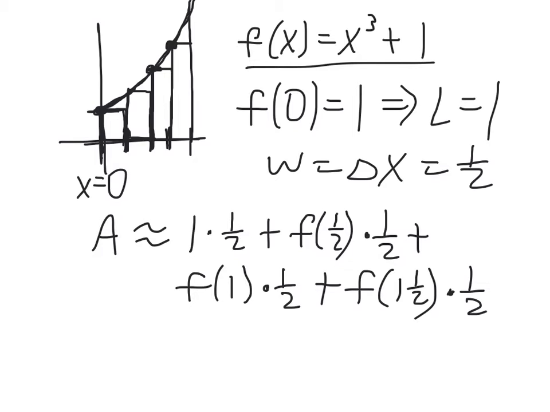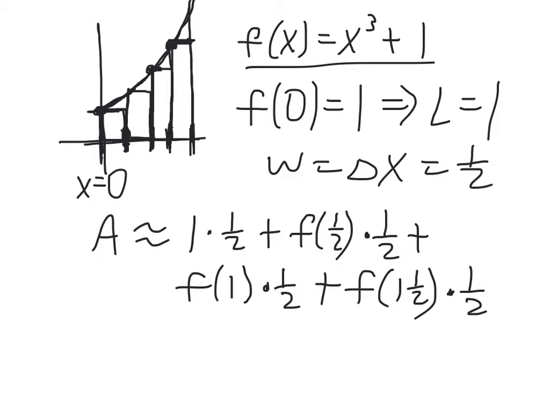We used x equals 0, 1/2, then 1, then 1.5. Now notice we did not use x equals 2 because that last rectangle's height was calculated from the left endpoint, the 1.5.